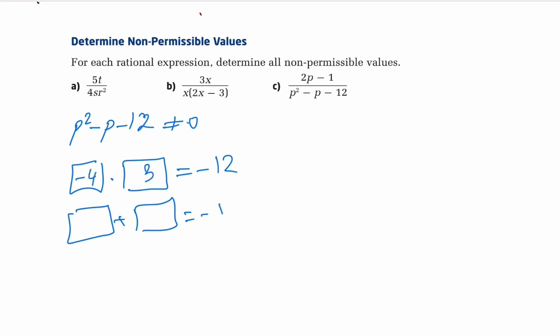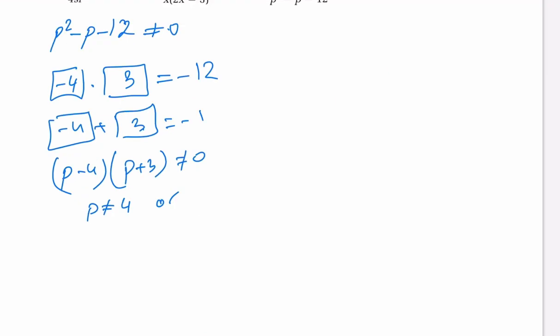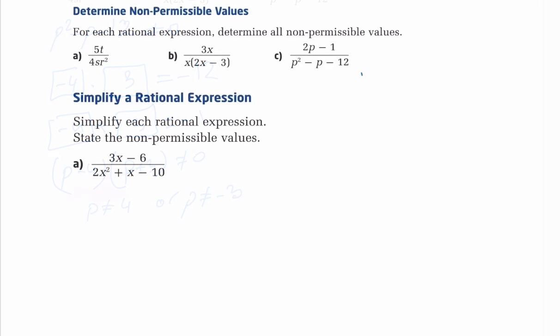So my expression will become p minus 4 times p plus 3, which means my p should be different than 4 or p different than minus 3. Now let's do some examples to simplify rational expressions and to state the non-permissible values.